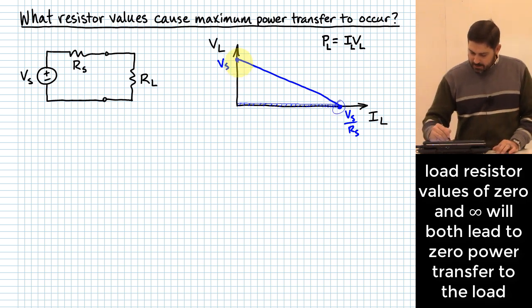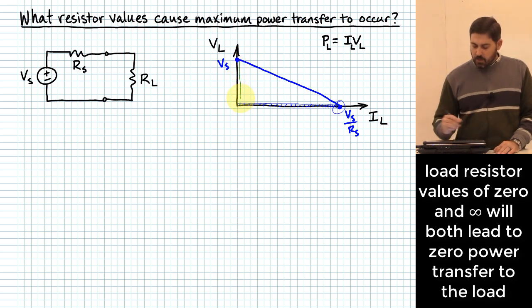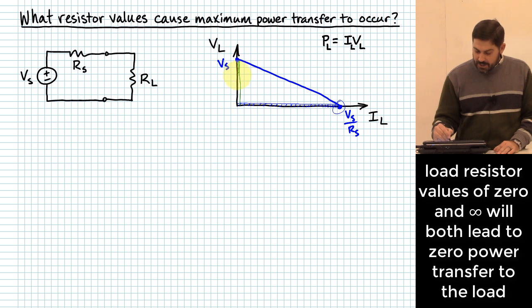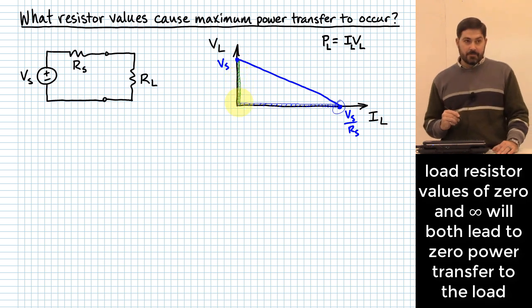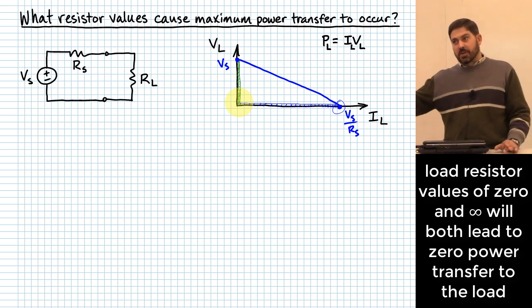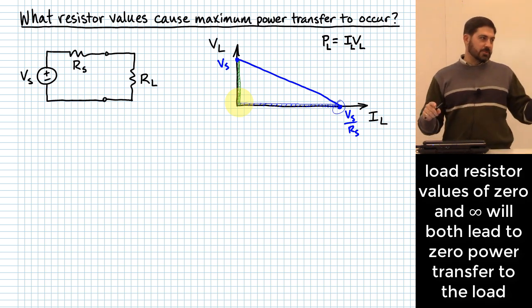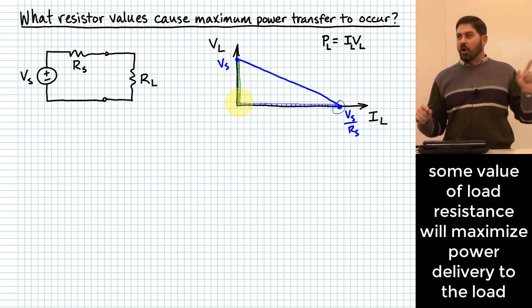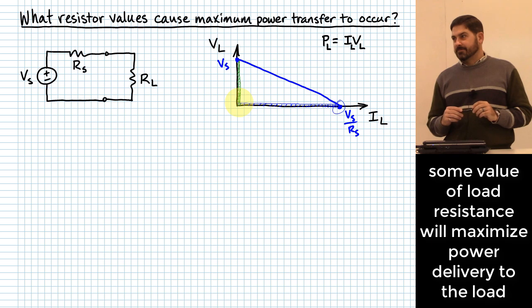You're going to get close to this end of the curve up here, and what is the area of that little rectangle going to trend toward? 0. So if you have too much load resistance, you're going to deliver 0 power. If you have too little load resistance, you're going to deliver 0 power. Does that mean we always deliver 0 power?